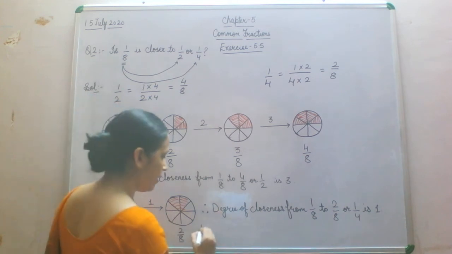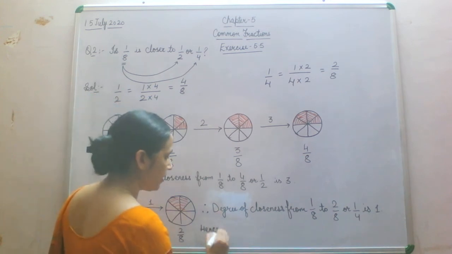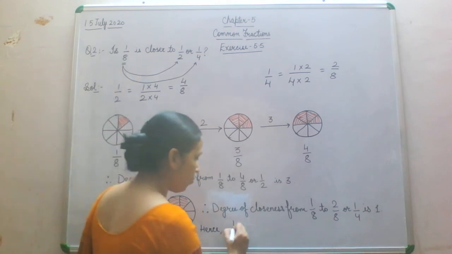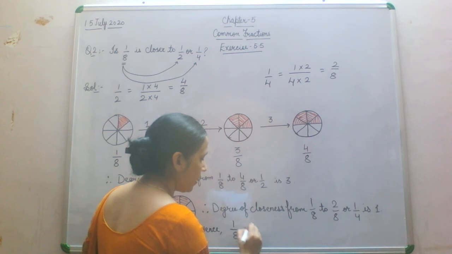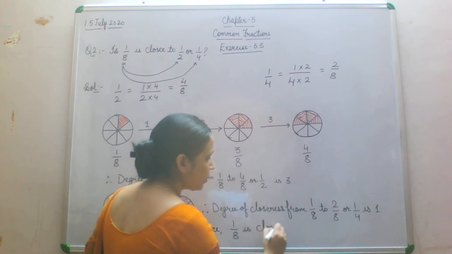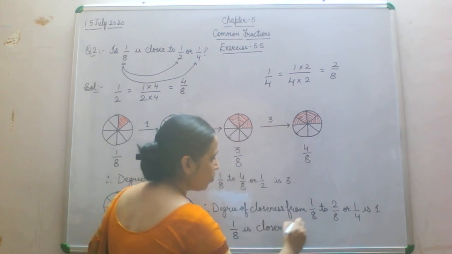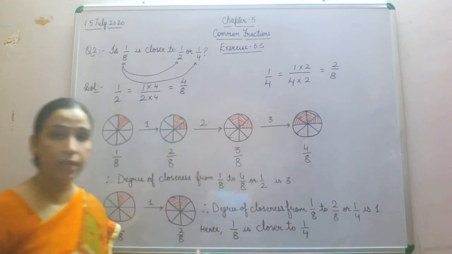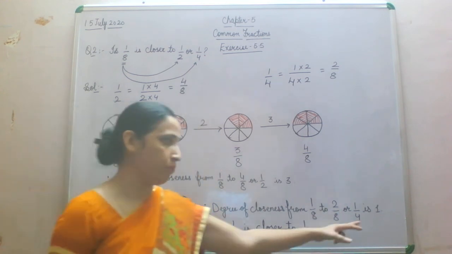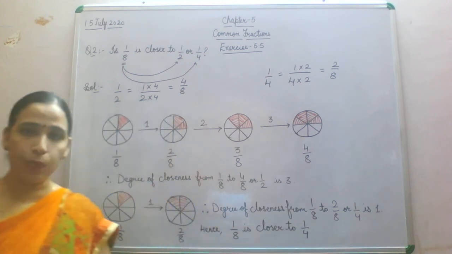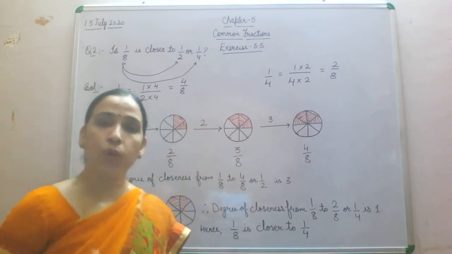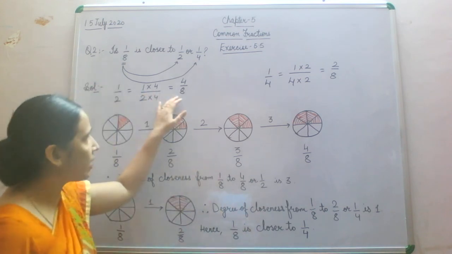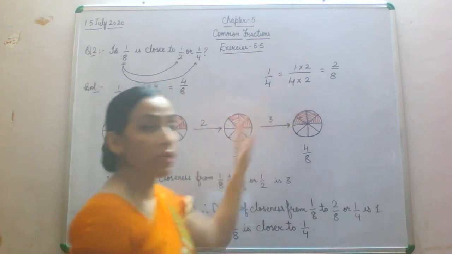Hence, 1/8 is closer to 1/4, because the degree of closeness is 1 here. Fine. So let's see this question once again. It's quite an easy question, nothing you have to do. First you have to change it into like fractions so that you can compare easily.